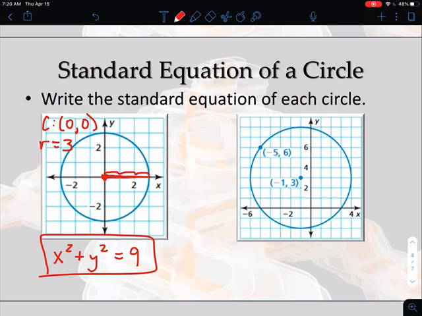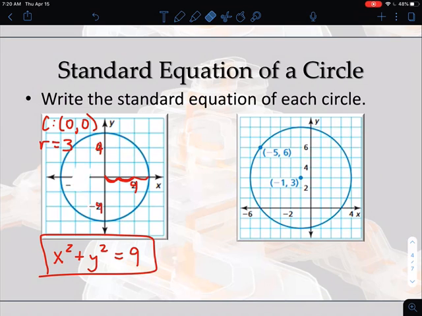One thing I will caution you on when you're looking at these types of graphs: be aware that they're not always going to have the coordinates go by ones. In this case they went 1, 2, 3. In some cases, they might do something like a 4 all the way around, so now instead of going 1, 2, they're going 2, 4, 6.